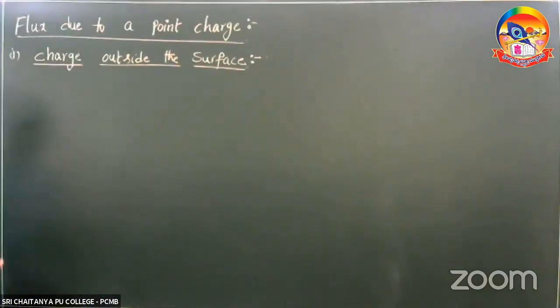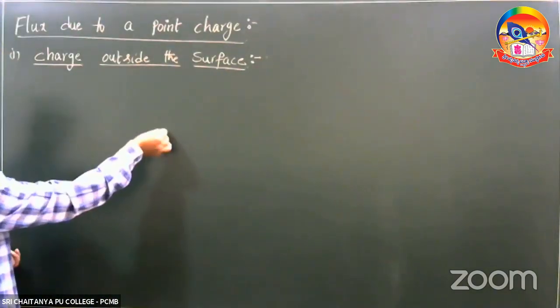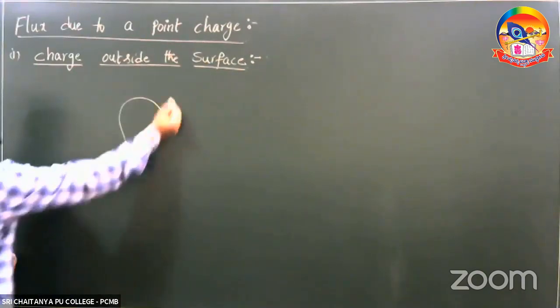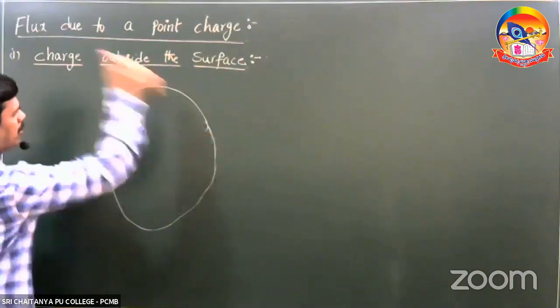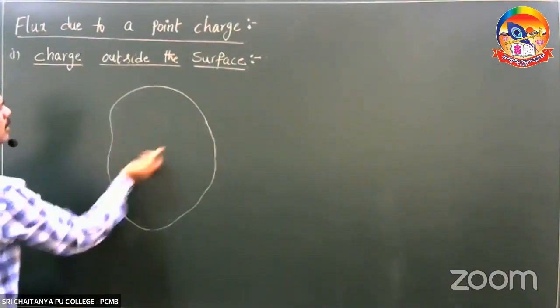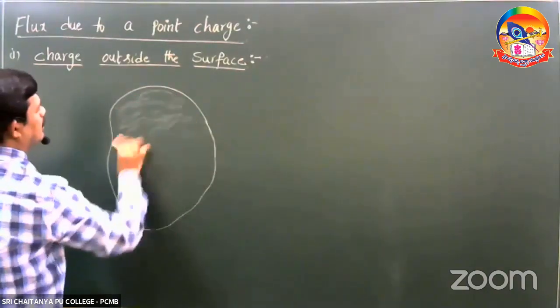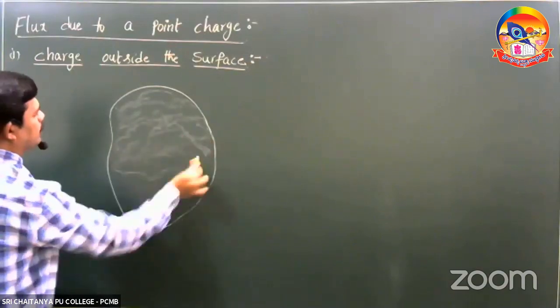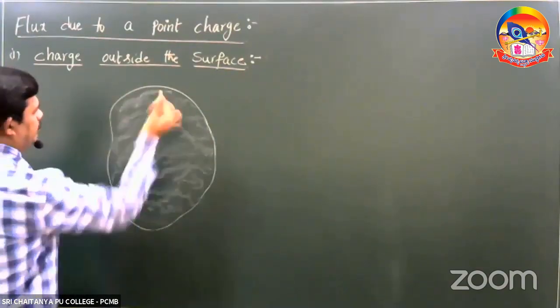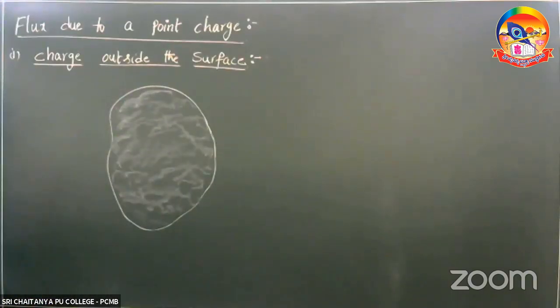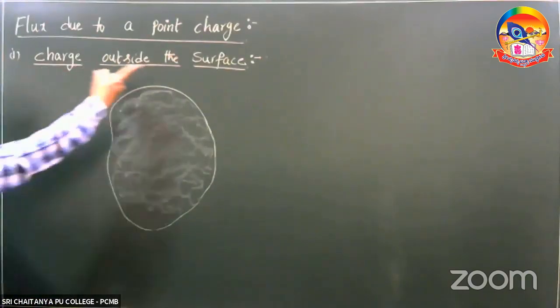What is the meaning? See, take any curved surface of any shape. This is one closed surface of this shape. Charge outside the surface.